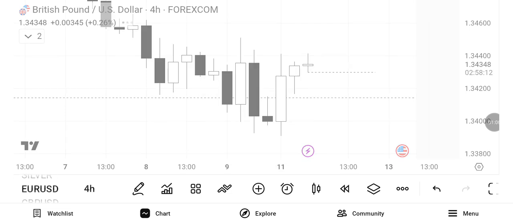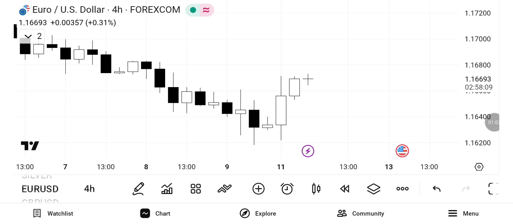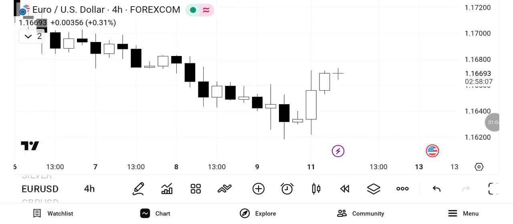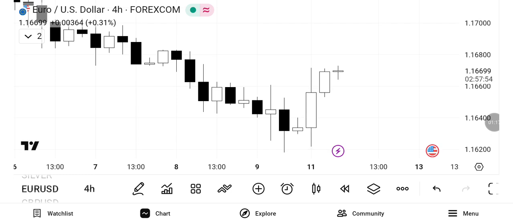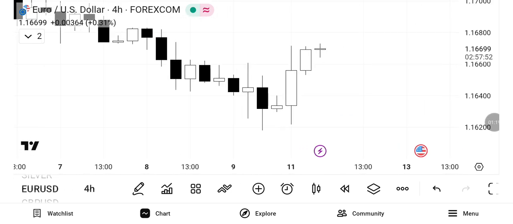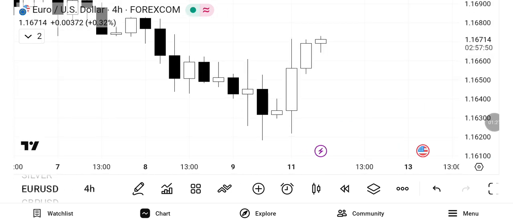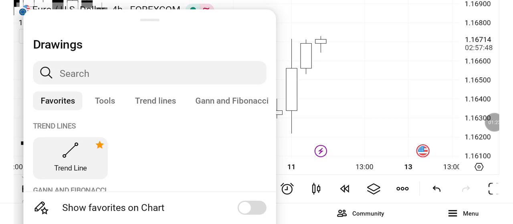Let me go for euro. So the reason why most of the times I shift sometimes to GBP USD and euro USD is that gold sometimes is very brutal, so I have to relax my mind with trading these slow pairs, right?